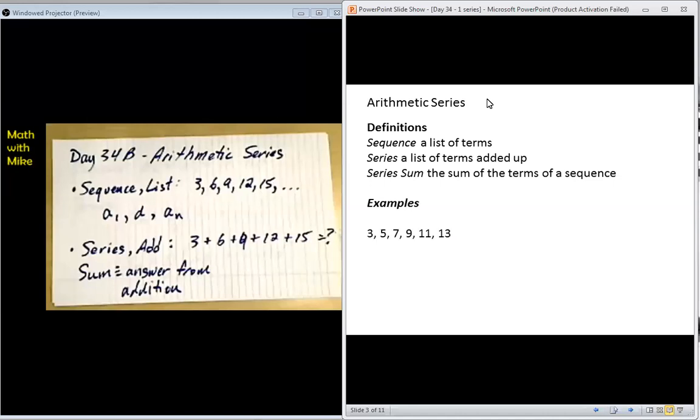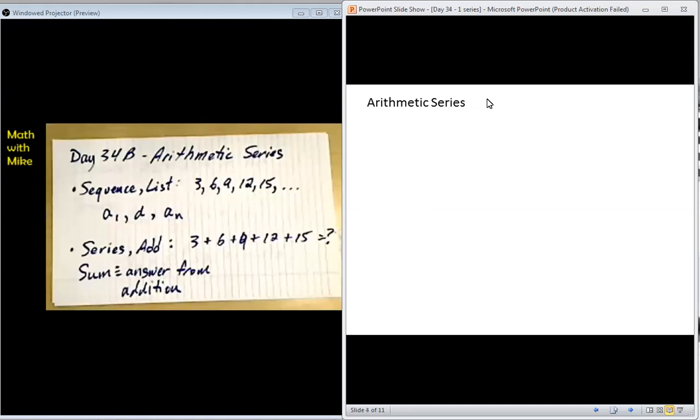So there we have a sequence of numbers. Just a list there. But the goal now is going to be finding out what all these numbers add up to, right? So here we have the list here.